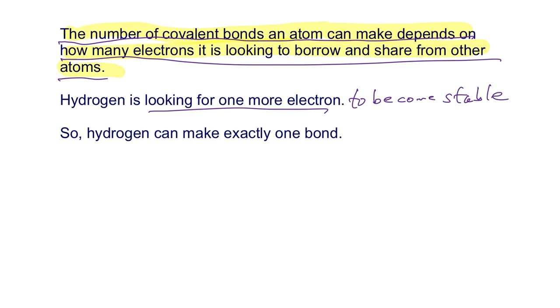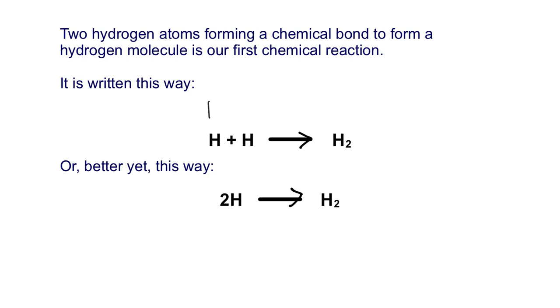Now, different elements need to borrow different numbers of electrons, as you'll find out. Hydrogen only needs one electron to fill its outer shell, so it can only form one bond with another atom, like hydrogen. So once again, one hydrogen plus another hydrogen will get together and form a stable element of hydrogen.